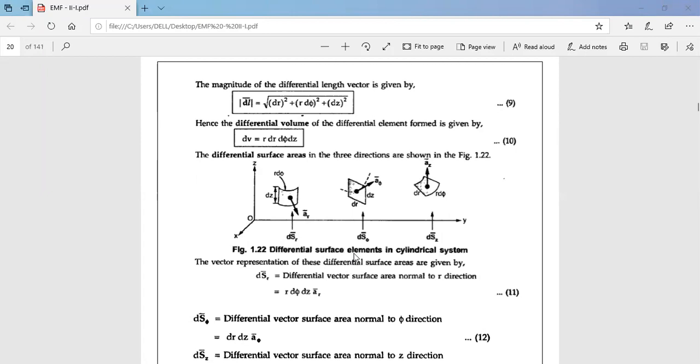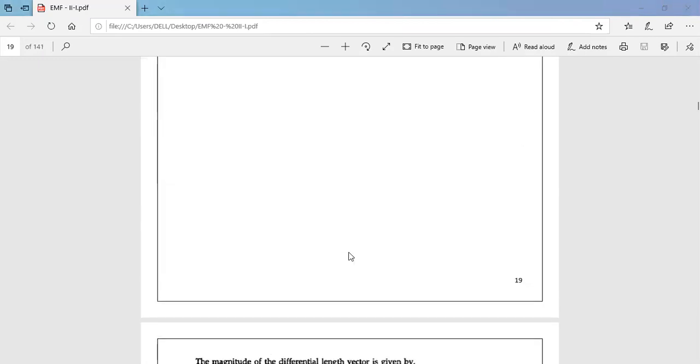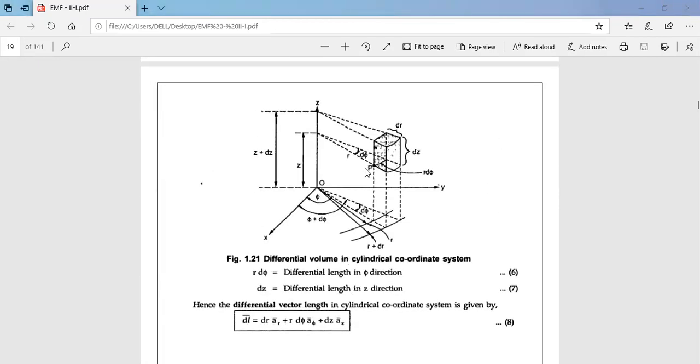With me so far? Look at the surface now. This surface would be dr times dz.